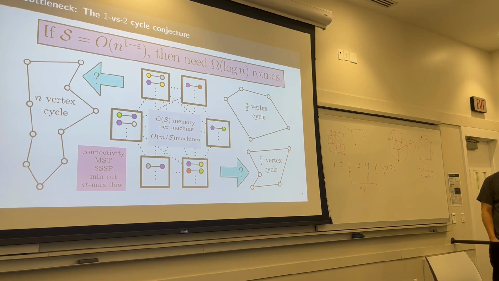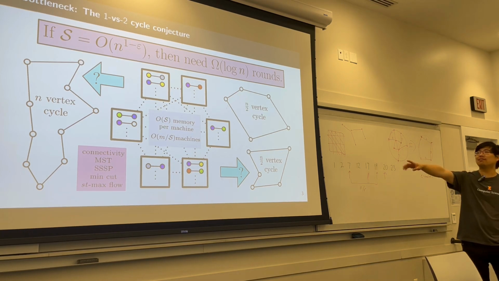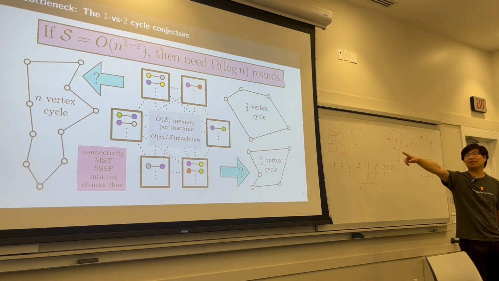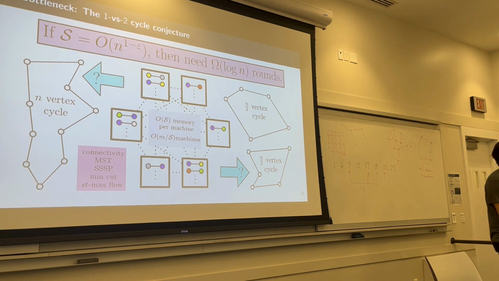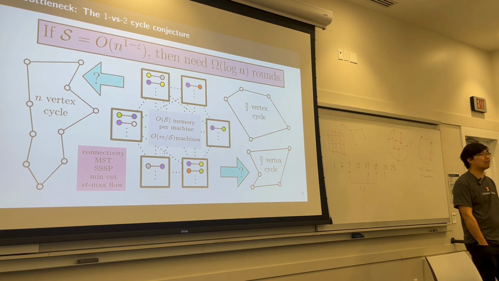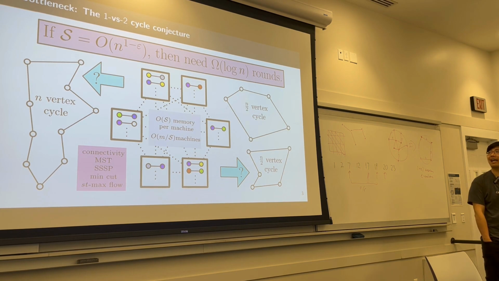But even for these embedded planar graphs, we were the first ones to look at these very basic questions. I will say it's probably possible to approximate Steiner trees in log n rounds in general graphs. That would be my guess, but I'm not sure if anyone has looked at it. All right.